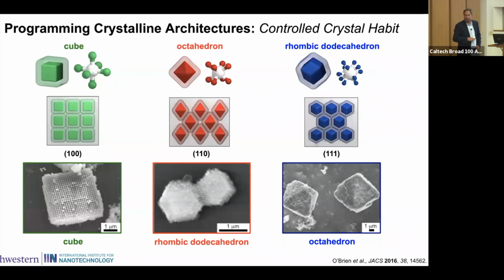So now I'm controlling crystal habit. An octahedron forms a rhombic dodecahedron. A rhombic dodecahedron forms an octahedron. These are all the Wulff constructions. They're the thermodynamic sinks. They are validators that the complementary contact model is in play.